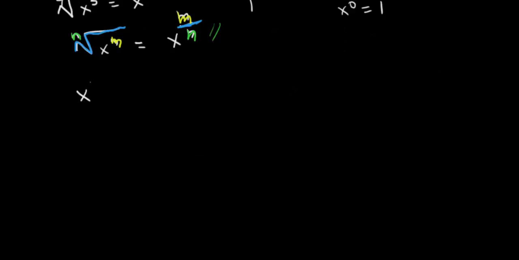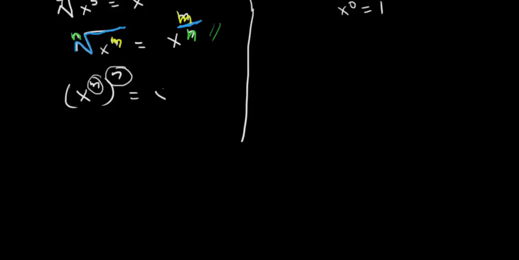Still, we have some other rules. x to the power m, to the power n. That is, when there is a layer of power, let's say m is the index of x, and then there is again another index on the whole of x to the power m, so there are multiple layers of power.